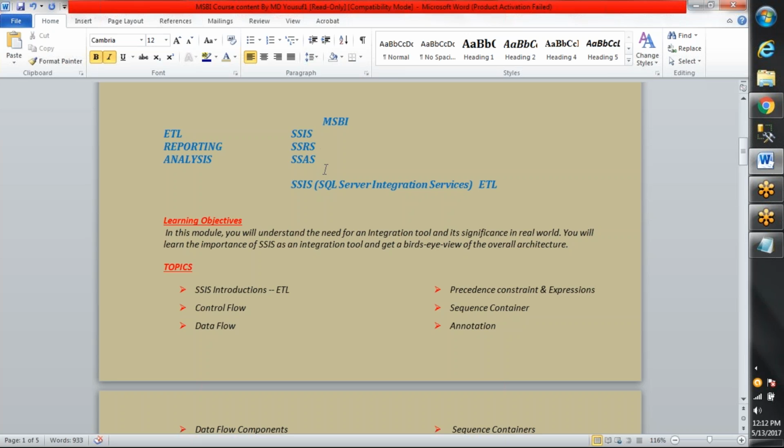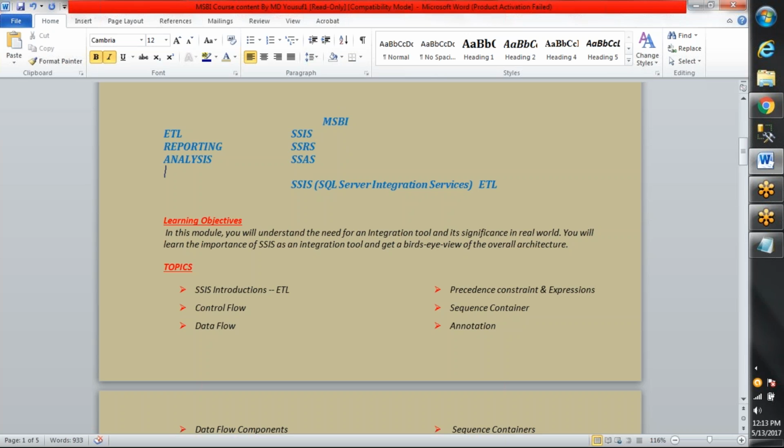When I say performance improvement, a lot of things come into play: you will develop an SSAS cube, and in this module you also get an overall idea of how the data warehouse is, what different types of schemas there are, like star and snowflake schemas, and different types of relationships like one to one, one to many, and many to many. So a lot of things you will see in analysis as well. These three are the basic components of MSBI.